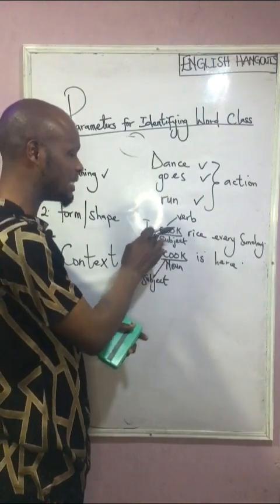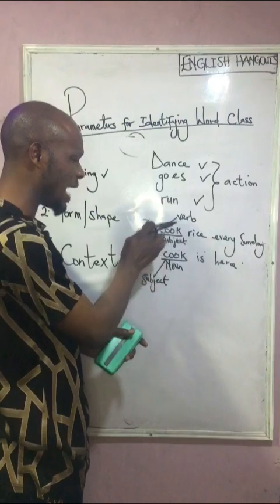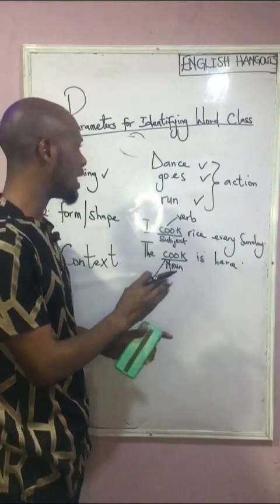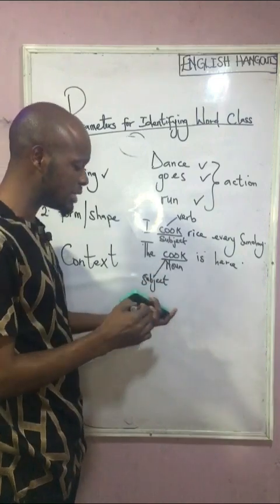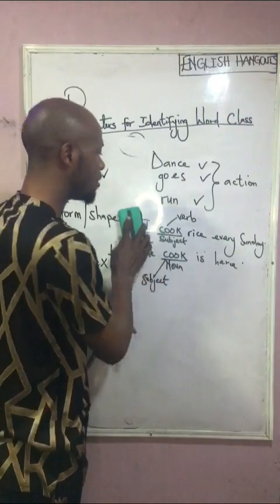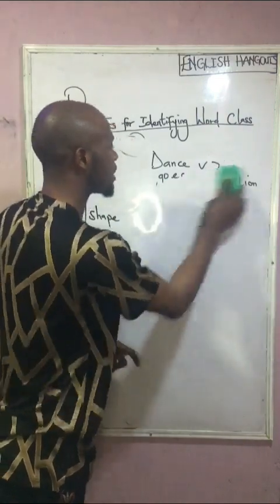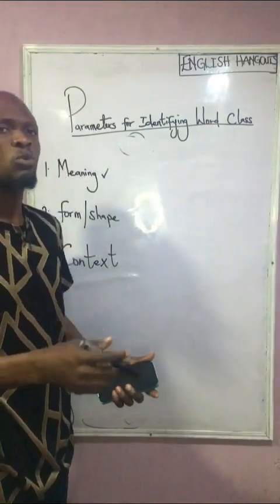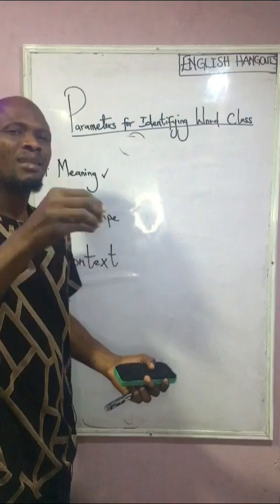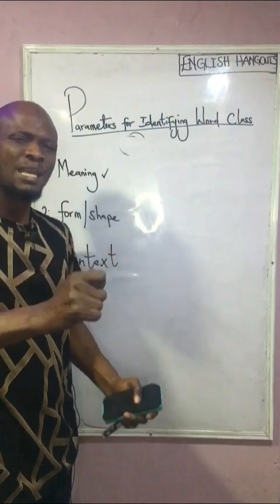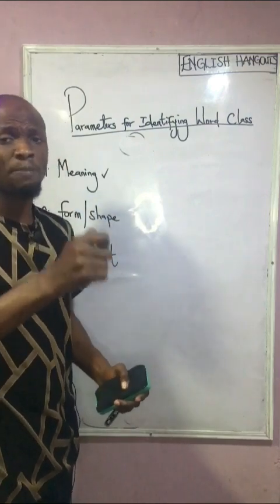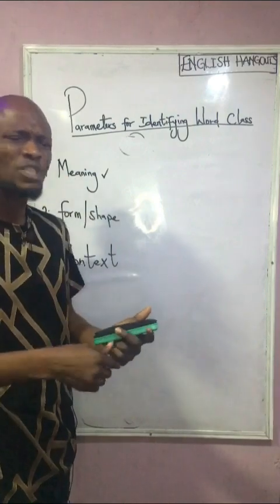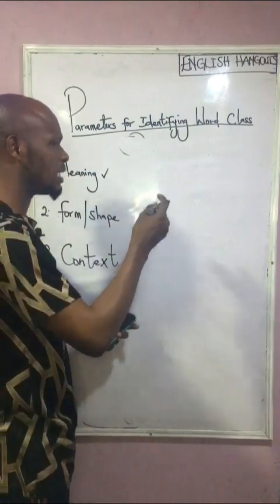The meaning that each of these lexical items conveys determines whether it is a noun or it is a verb. This is the first parameter that can be used to identify word class. And in doing this, you can easily substitute that particular word.